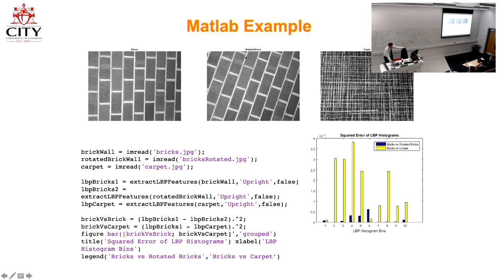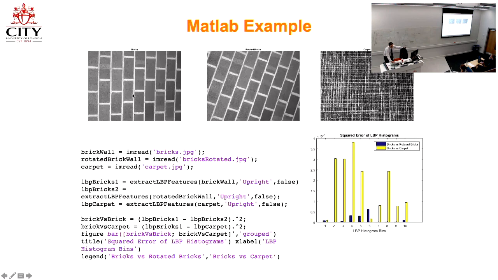In MATLAB, I put an example here for you. I'm reading one image, and I'm rotating that image, and then this is another image, an irrelevant one. By extracting LBP features and comparing the features from this image and this image, I see a very good similarity between them, and not much similarity between these two.